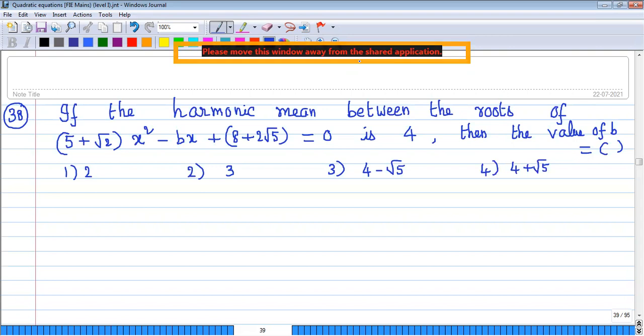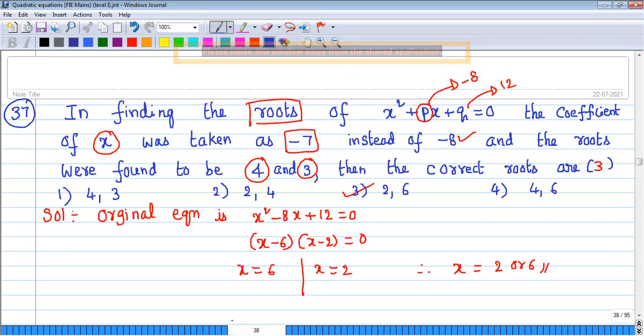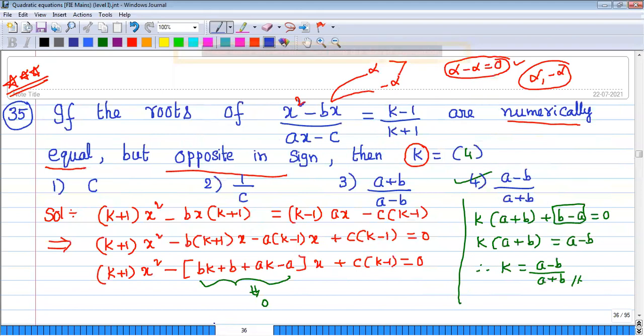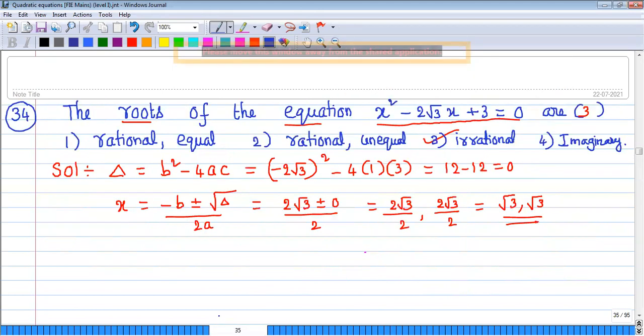So first of all, you read the question, note it down and try to solve it. Then I will come back. So this is today's first question.